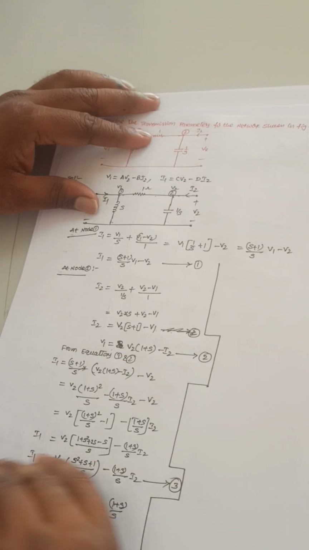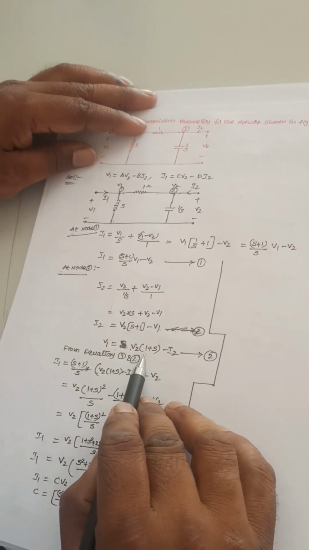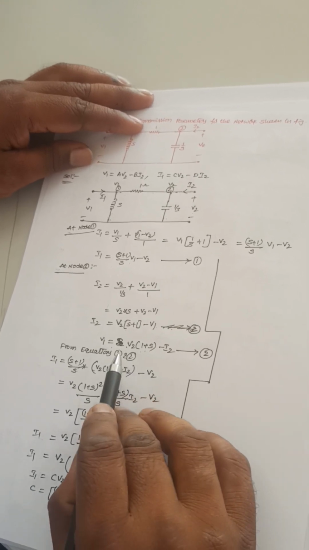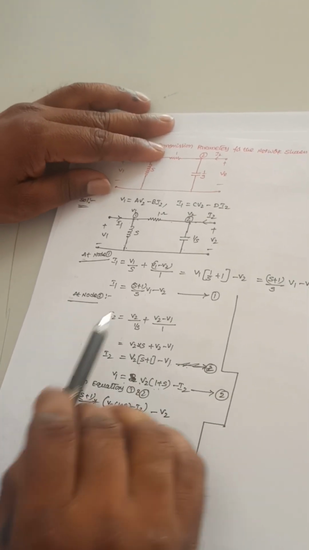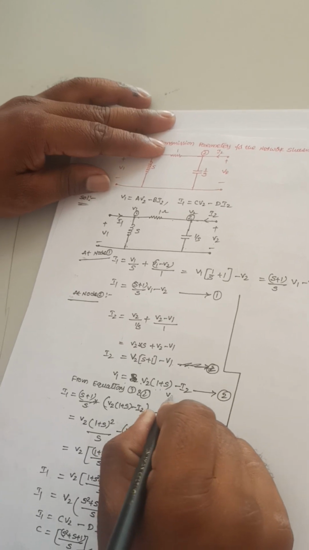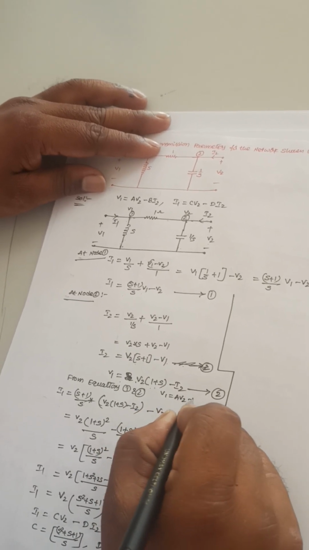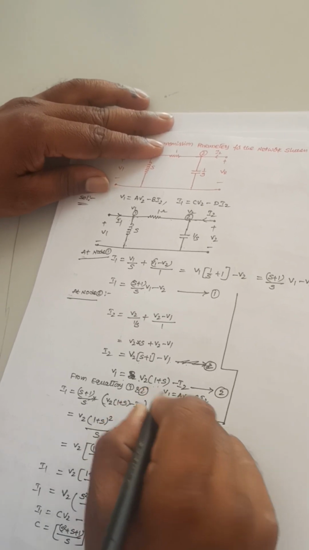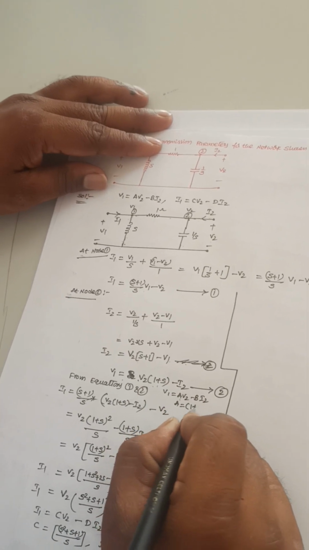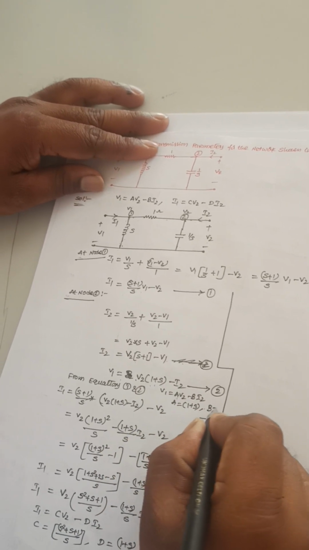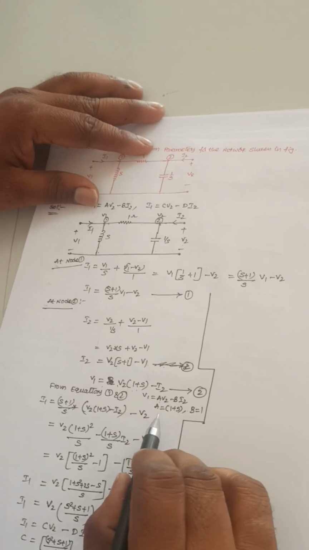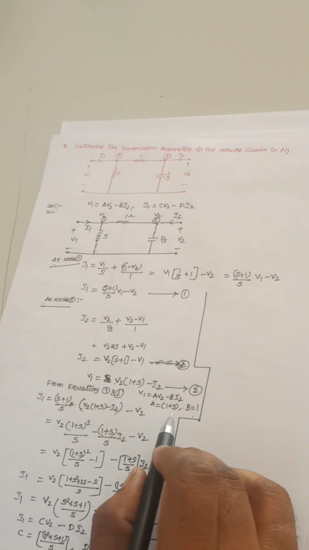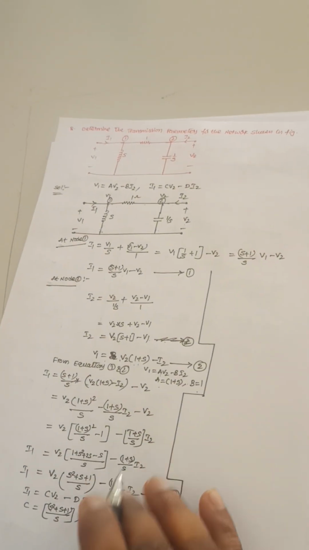For that I need to use this expression: V1 is equal to AV2 minus BI2. So the value of A is 1 plus S and B is equal to 1. So I know the values of A, B and C, D.